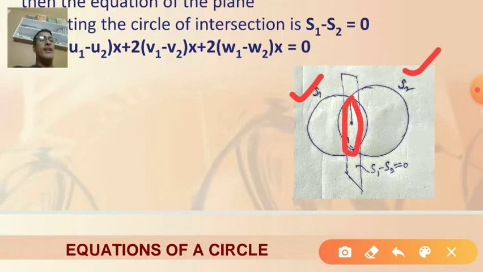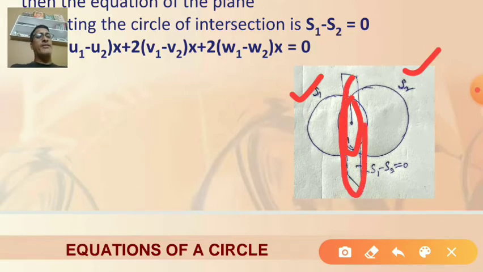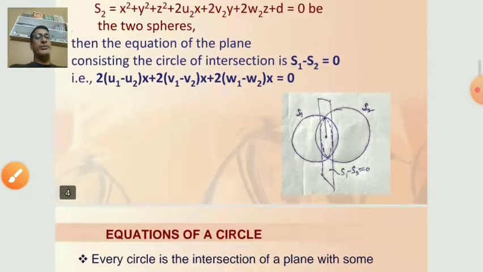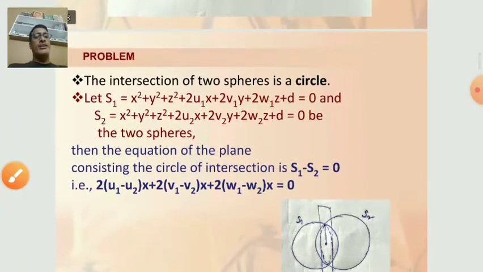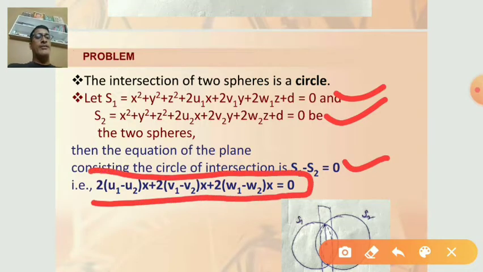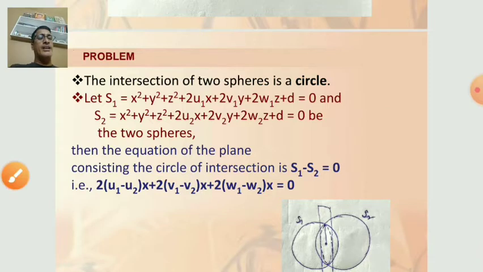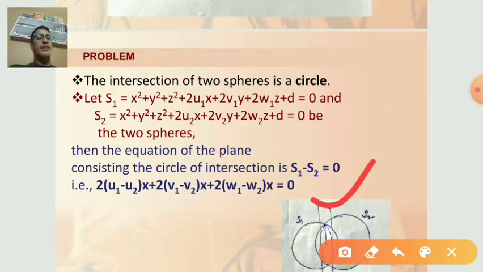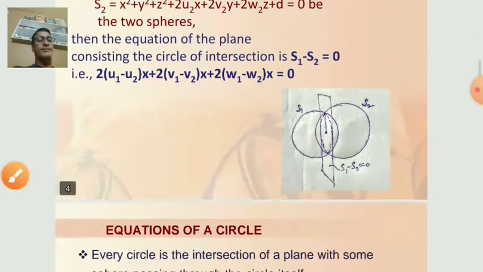Then how can you find the plane containing the circle of intersection? By applying this principle: whenever S1 equal to 0 and S2 equal to 0 are two spheres, then S1 minus S2 equal to 0 gives the equation of the plane containing the circle of intersection of these two spheres.